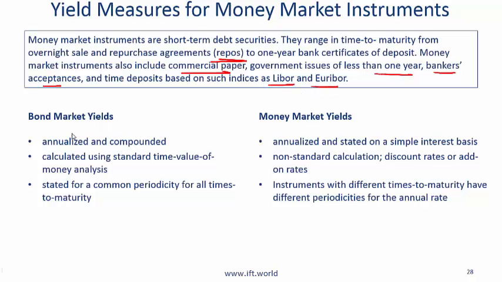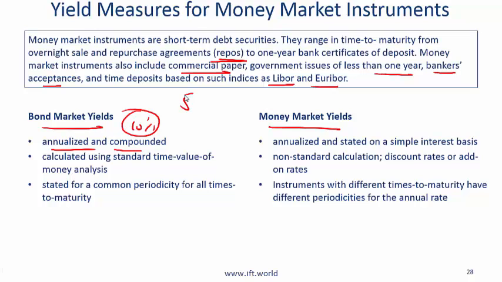So here we look at a high-level distinction between bond market yields and money market yields. When we talk about bond markets here, we are referring to instruments with a maturity of more than 1 year. These are annualized and compounded. So what does that mean? Annualized simply means that when you say the YTM is 10%, that is referring to a year.